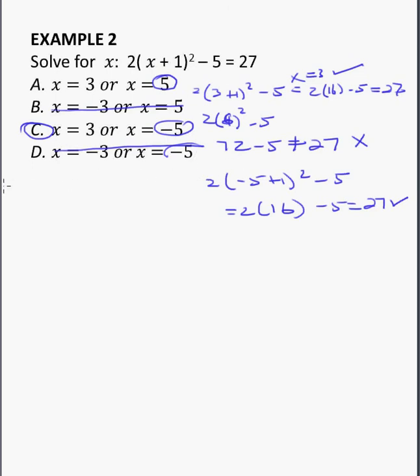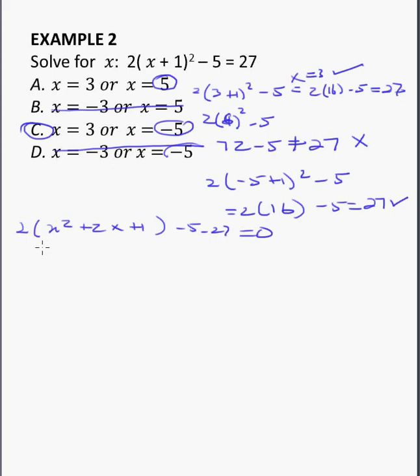The second solution will be to actually go ahead and distribute this and solve it the way we did the first one. So if I distribute, then this becomes 2 times x squared plus 2x plus 1, minus 5 minus 27 is equal to 0. I brought my 27 to the left also.